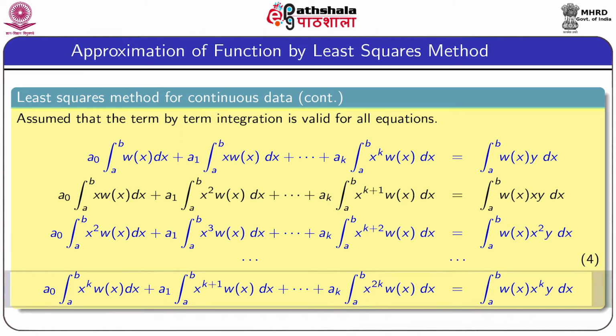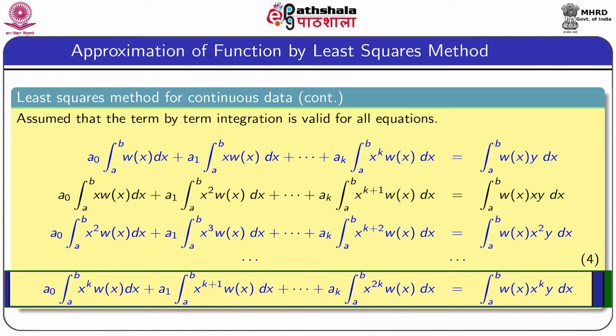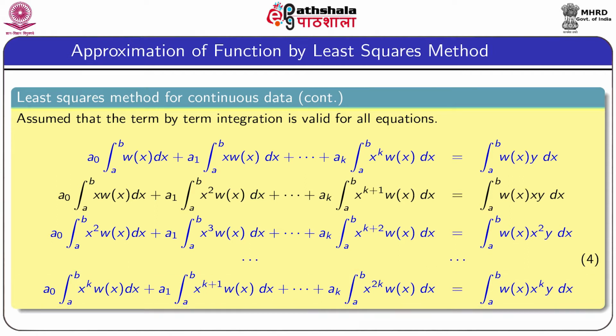The last equation is a0 integration a to b x to the power k w(x) dx plus a1 integration a to b x to the power k plus 1 into w(x) dx plus dot dot dot plus ak integration a to b x to the power 2k into w(x) dx equal to integration a to b w(x) into x to the power k into y dx.